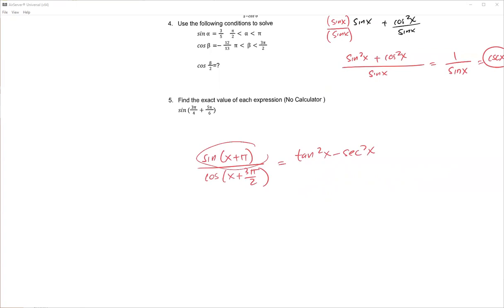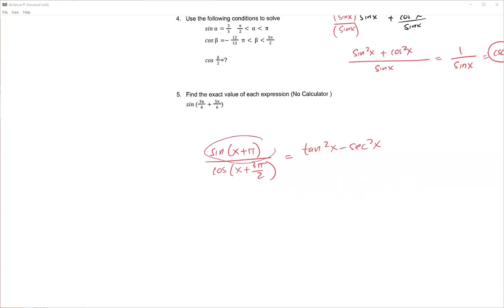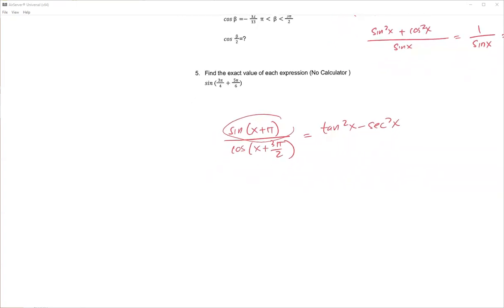I'm going to use sine of a plus b is equal to sine a cosine b plus cosine a sine b. That's the formula I'm using.